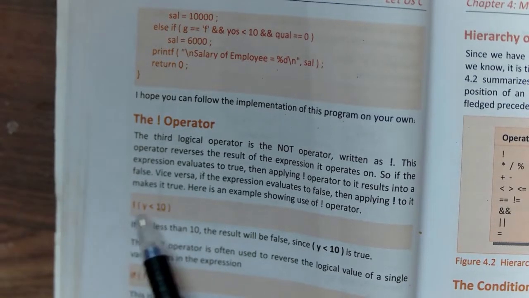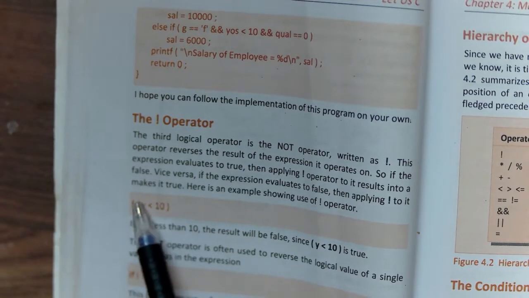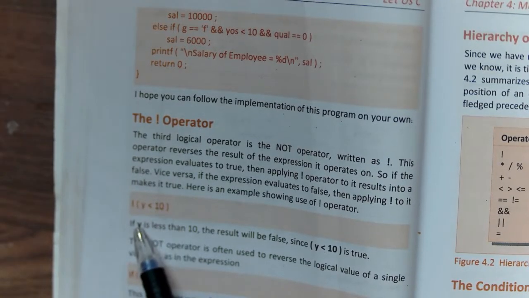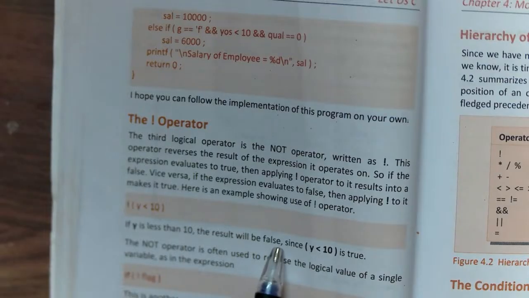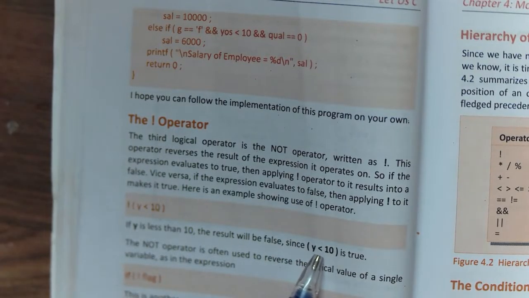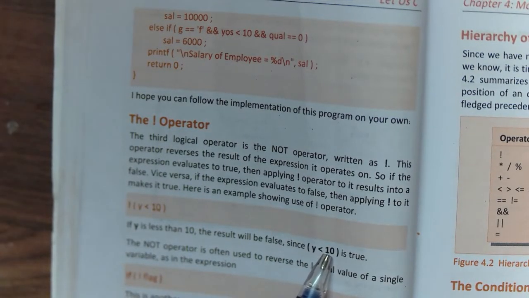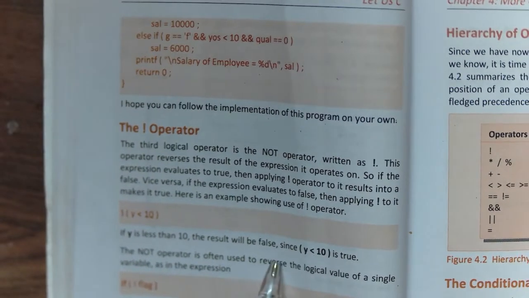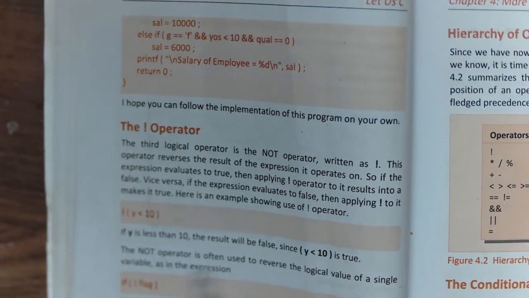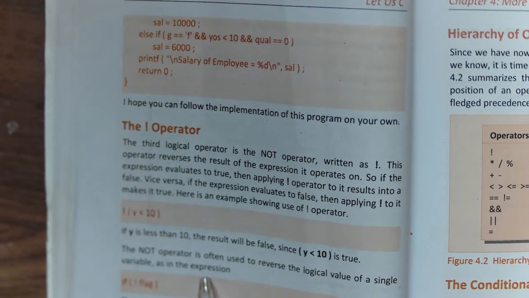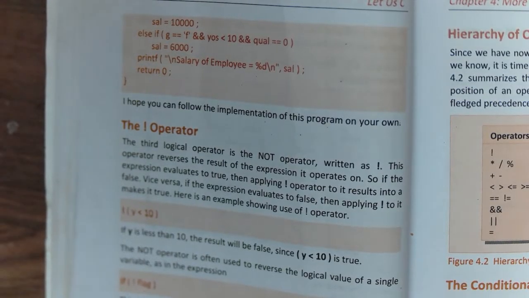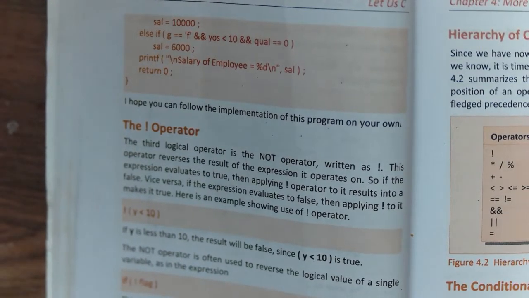Here is the example. Take y greater than 10. If y is less than 10, the result will be false. Since y smaller than 10 is true. The not operator is often used to reverse the logical value of a single variable as an expression. If not flag, the other way of saying it is if flag equal to 0.